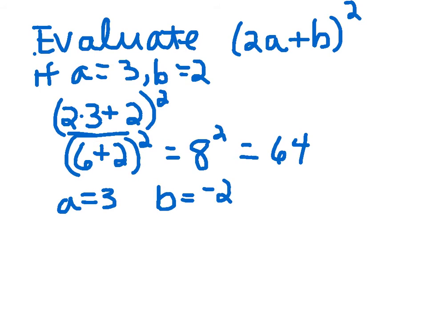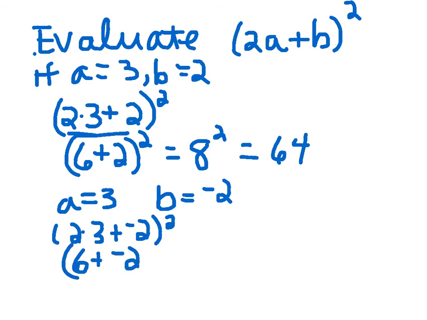I'm still going to show replacement, and it's going to be 2 times 3, but this time I'm going to be adding -2 and then squaring that. 2 times 3 is still 6, but plus -2 equals 4, and 4 squared is 16.